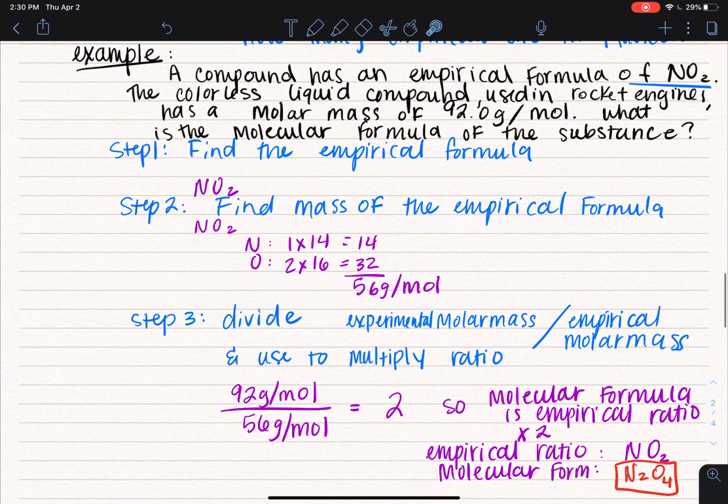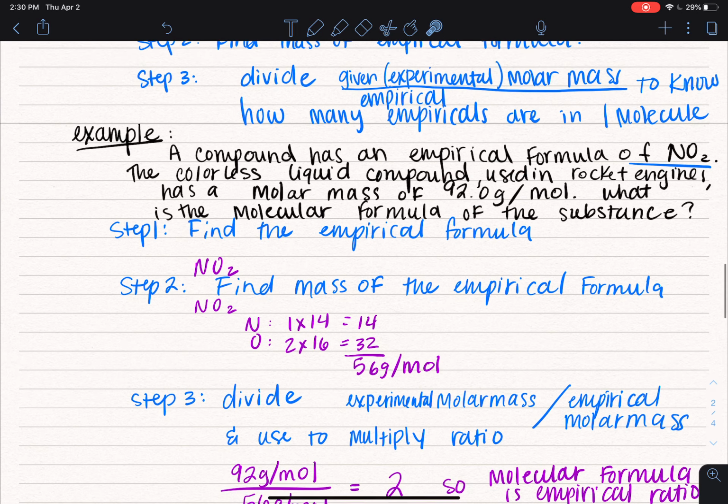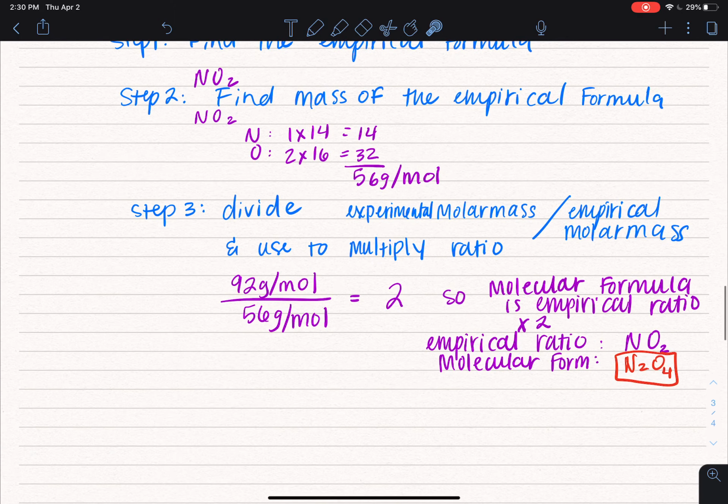Well, the actual formula, the actual molecule, has a molar mass of 92.0. So this number is what I was talking about, this given experimental molar mass right here. That's that number. So you just take 92 and divide it by 46. This gives you 2.